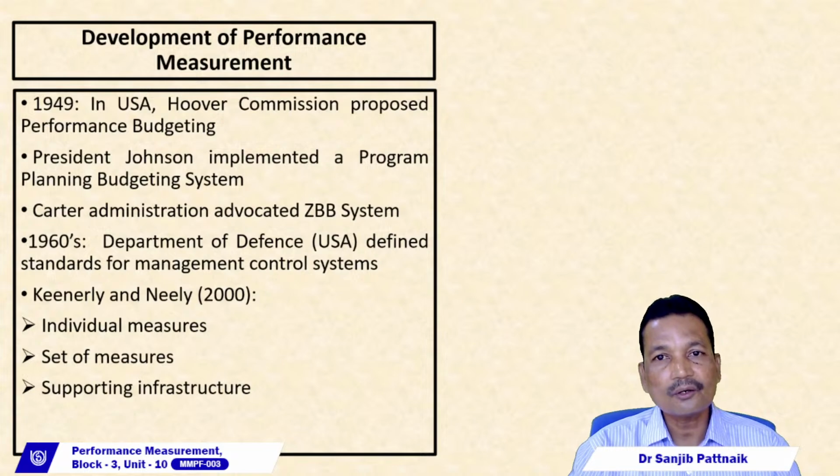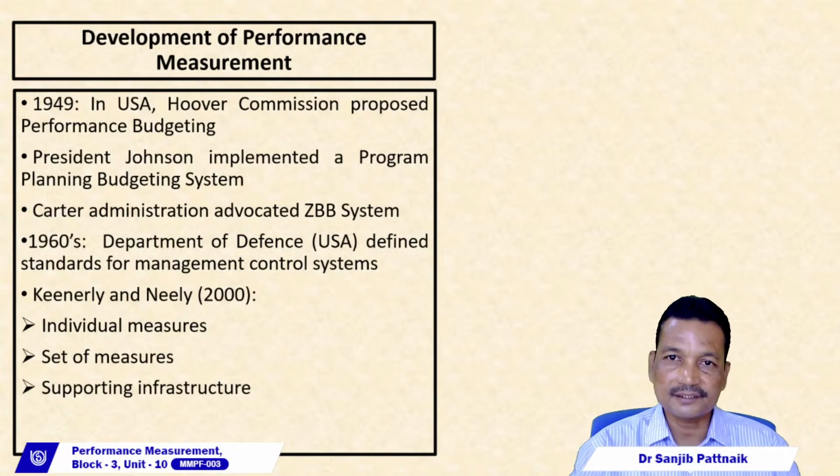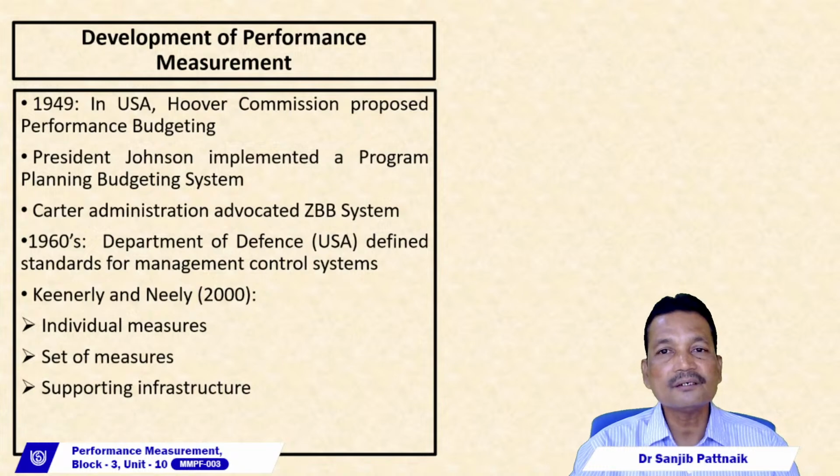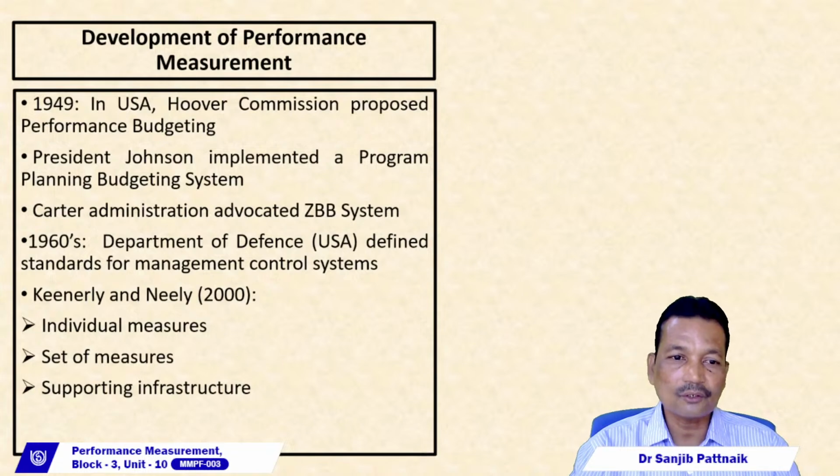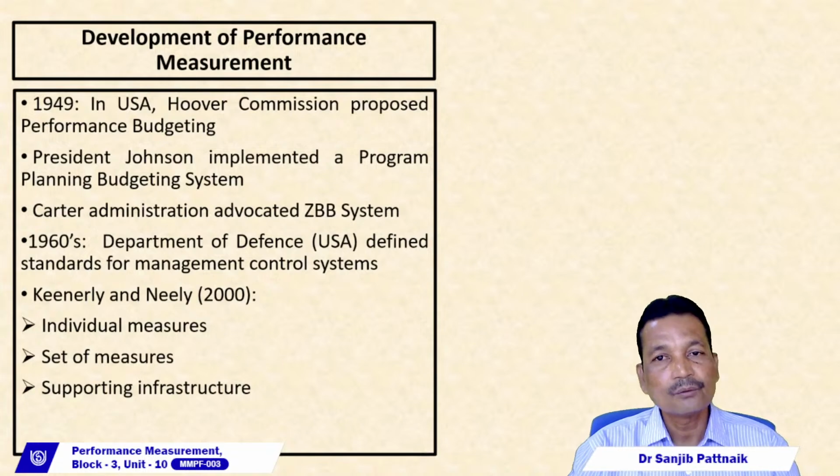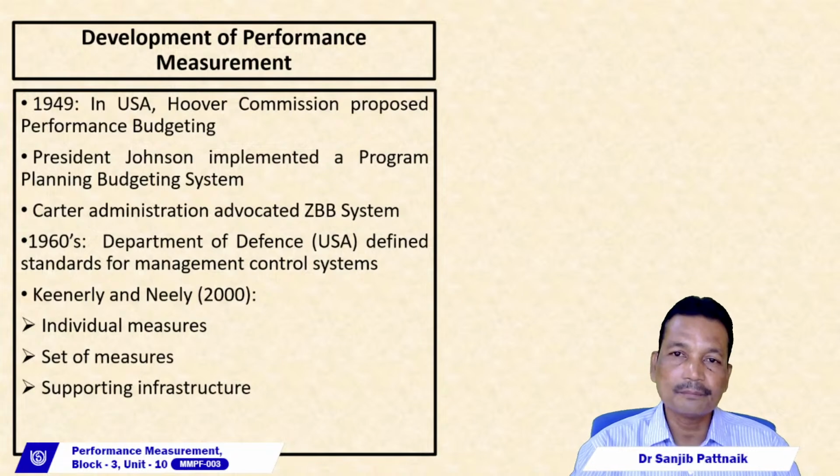So when we take all the measures, it makes a pool of them, in other words, a set of measures which is usually used by the organization as a whole. So thinking of the organization as divided into activities, we talk about individual measures. When we talk of the organization as a whole, performance measurement is a set of measures.